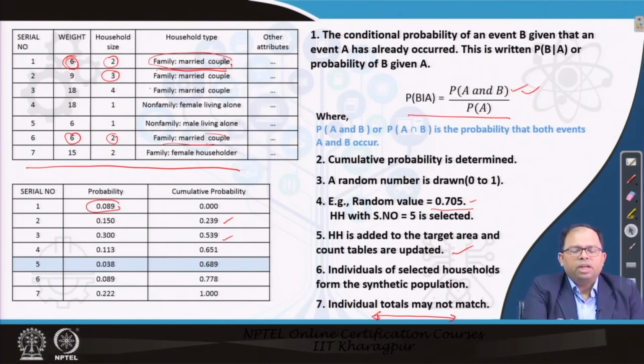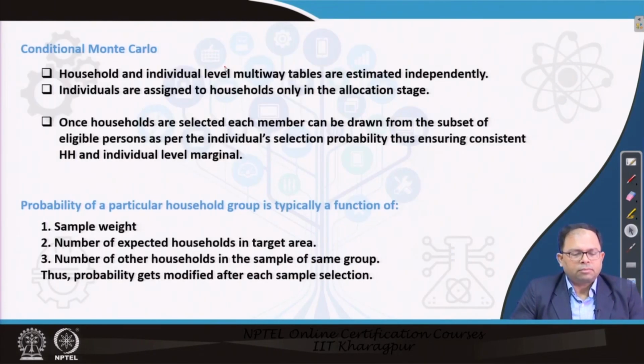particular population, then automatically the chance of that particular sample being drawn again has to be reduced. So that also could be incorporated. For that we can follow several procedures.